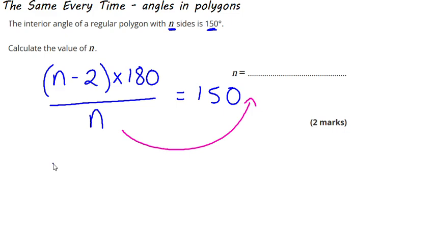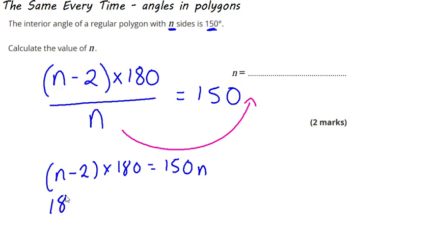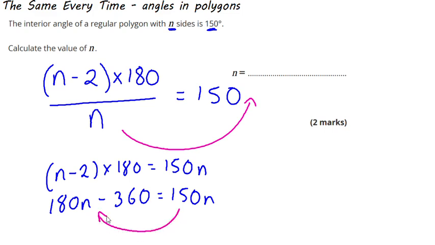So that's going to give me brackets n minus 2 times 180 equals 150 times by n. Expand the brackets, n times 180, so 180n, minus 2 times 180 minus 360 equals 150n.